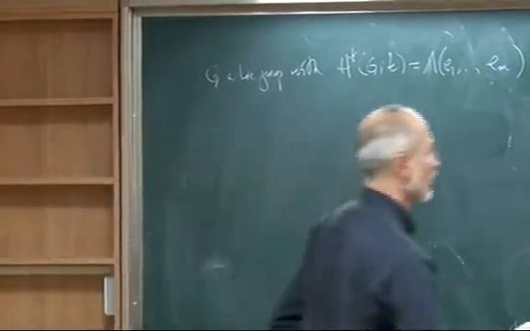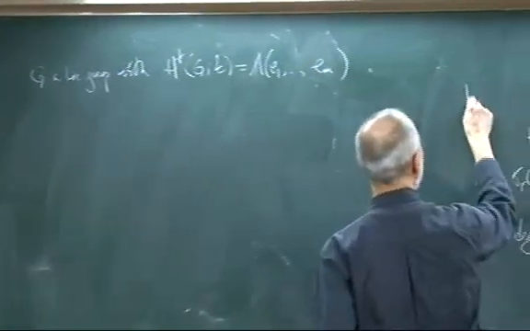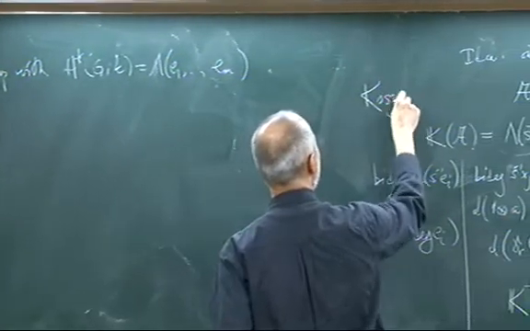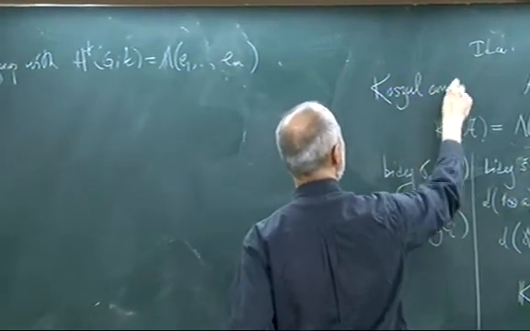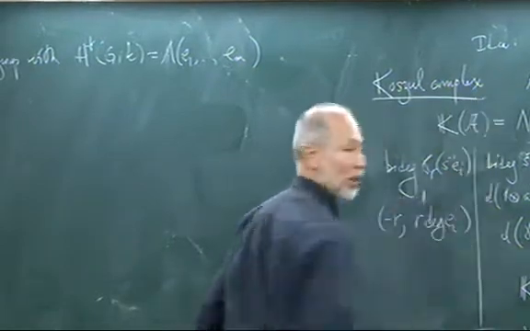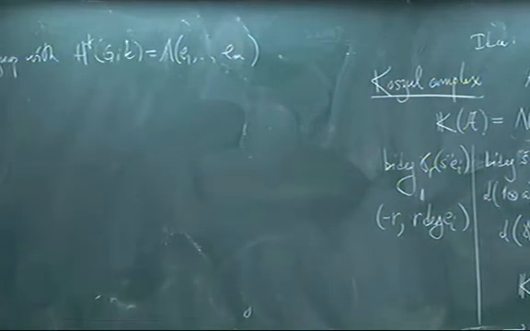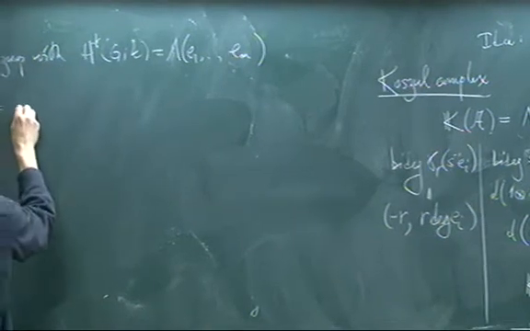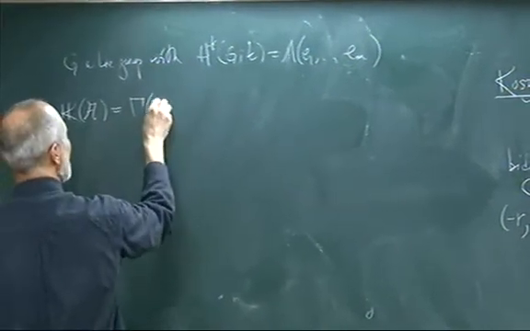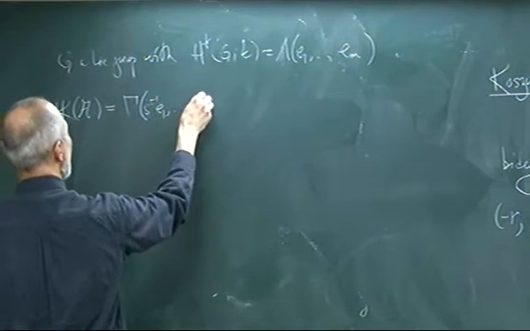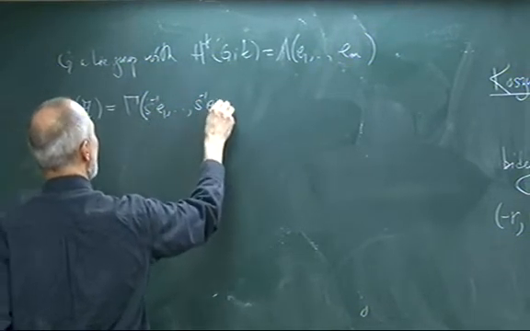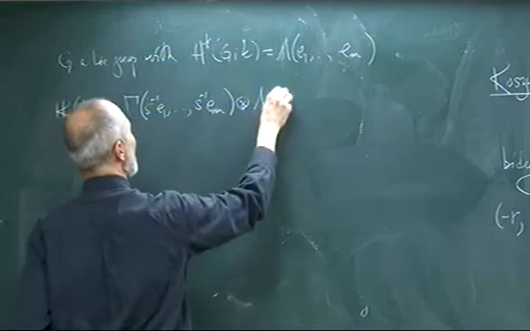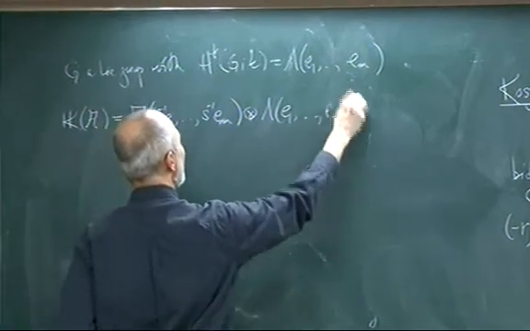This, by the way, of course, the K stands for Koszul, and this is called the Koszul complex for A. So if I do that in this particular case, the Koszul complex looks like gamma of S inverse E1 up to S inverse Em, tensor with lambda of E1 through Em.